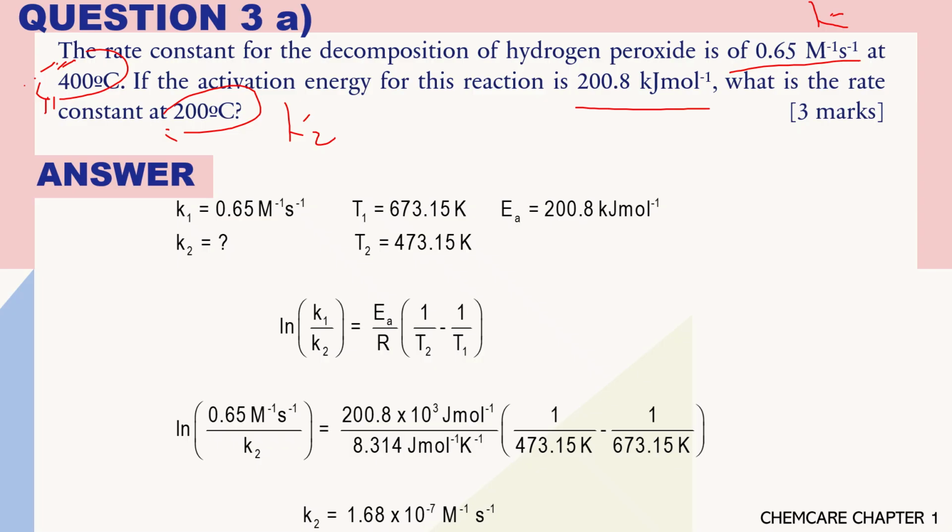And the R value is 8.314 joule per mole per Kelvin. So the activation energy also needs to be converted to joule per mole, so 200.8 × 10^3 joule per mole. So 1 mark for the formula, 1 mark for insertion value, and final answer k2 equals 1.68 × 10^-7 M^-1 s^-1, 1 mark.